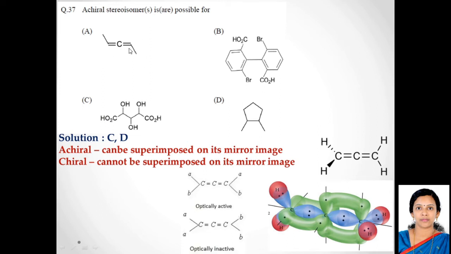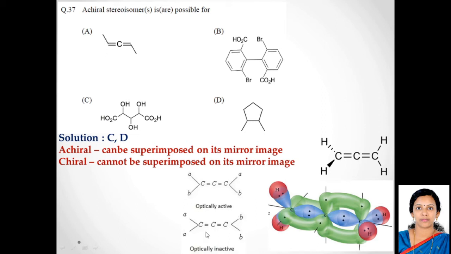They are slightly twisted. Now how do you find if such an allene is chiral or not? If the two substituents on each terminal carbon are different, then that makes this compound chiral, that means it cannot be superimposed. So here the two substituents are different: this one is methyl and we have a hydrogen here, which is not shown actually.